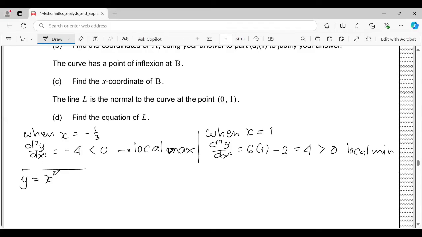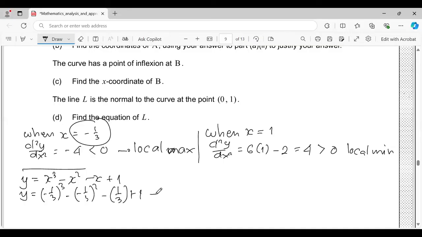Y equals x cubed minus x squared minus x plus 1. Substitute this number, minus 1/3, plus 1. And if you calculate, you can find the result 32 over 27.